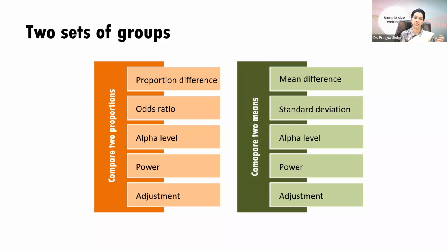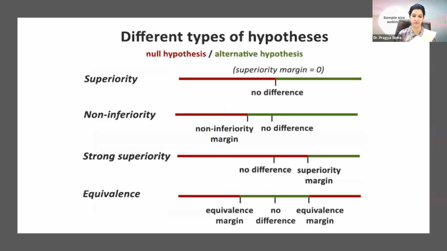If you are measuring your outcome on a continuous scale, then you use the mean difference of those two variables and the standard deviation. You don't measure it, actually; you have these values from the previous study. You have an alpha level, you have a power, and you do the adjustment.